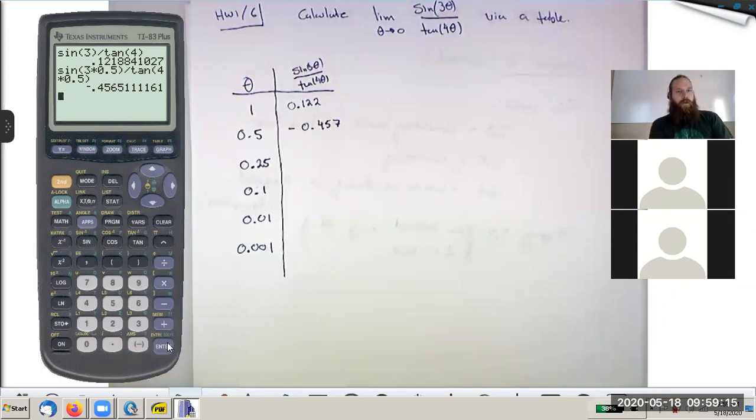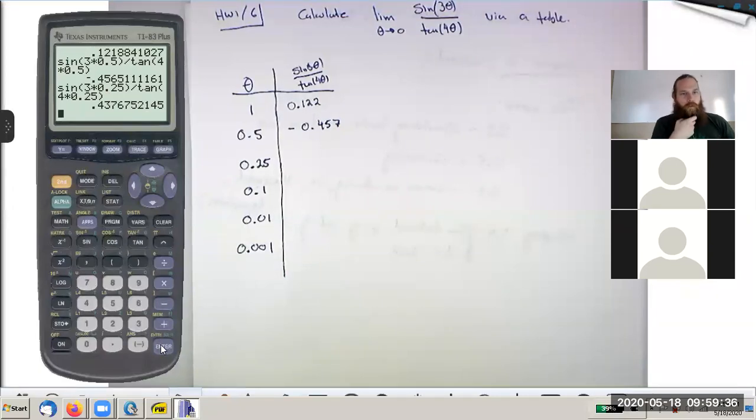Next, I'll plug in 0.25. So that will be the sine of 3 times 0.25 divided by the tangent of 4 times 0.25, which is 0.438.